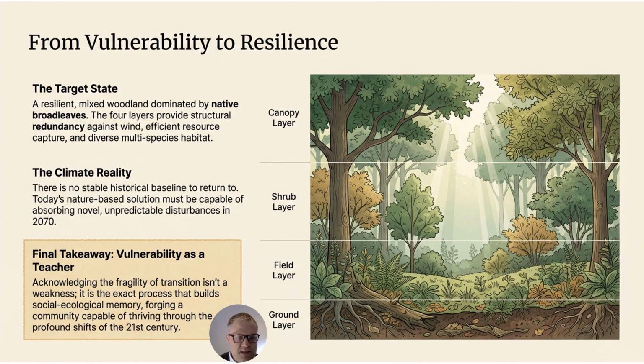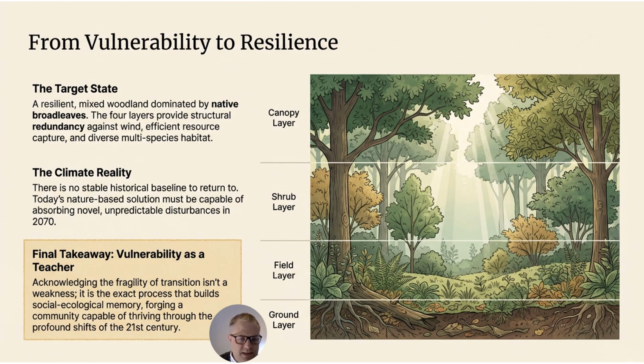The climate reality, there's no stable historical baseline to return to. So today's nature-based solution must be capable of absorbing anything that looks unexpected, unpredictable. So it's important that through these vulnerabilities, we need to work towards a state of resilience, and for things that maybe are unseen.